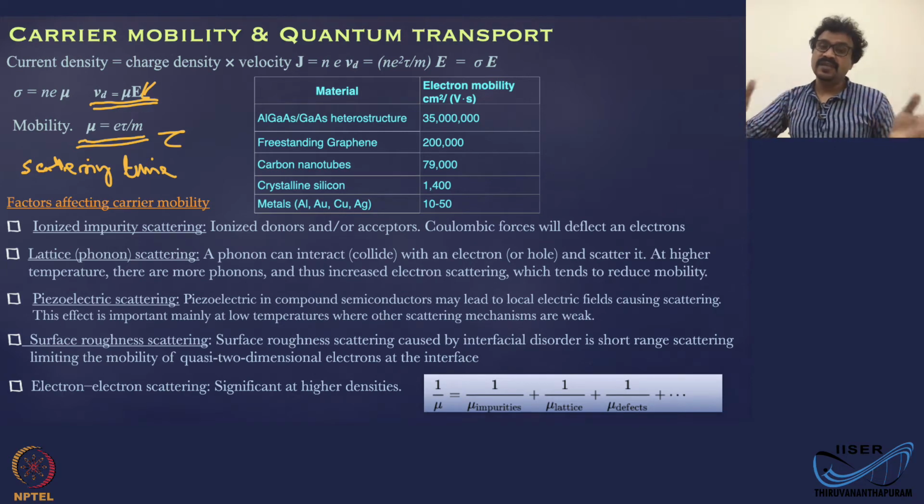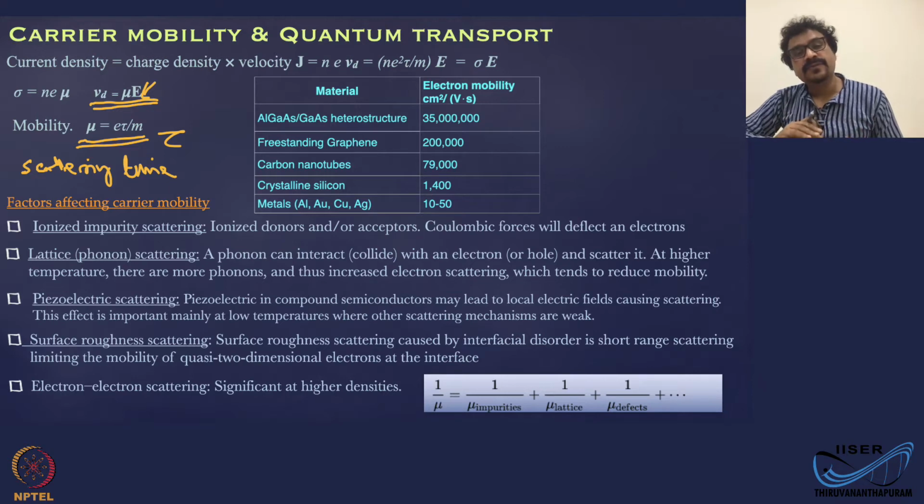Scattering time is the time between two scattering events, and the longer it is, the higher the mobility. So the mobility killer is the scattering time.